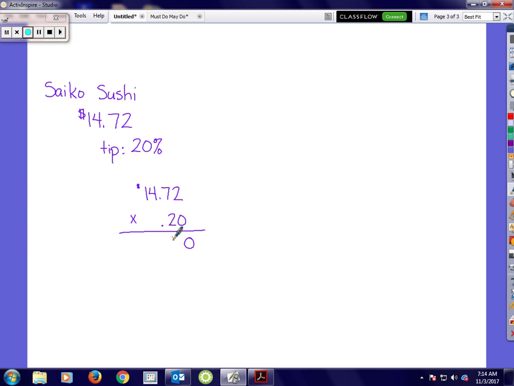My 2 times 2 is 4, 2 times 7 is 14, 2 times 4 is 8, plus 1 is 9, 2 times 1 is 2. 1, 2, 3, 4. 1, 2, 3, 4. My 4 is telling my 4 to stay the same, which means my tip is going to be $2.94. So let's see what my total price is going to be. I'm going to take my $14.72 and I'm going to add my $2.94.